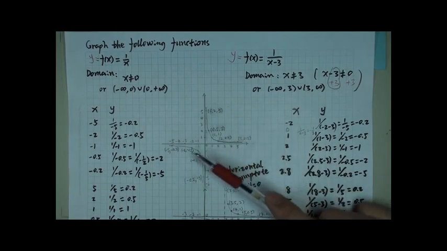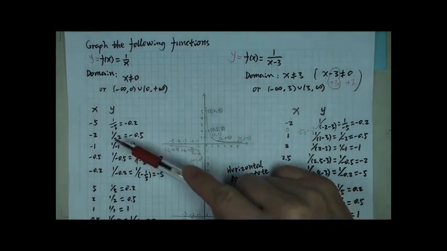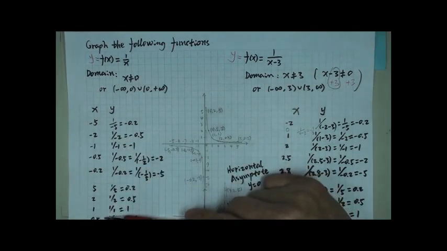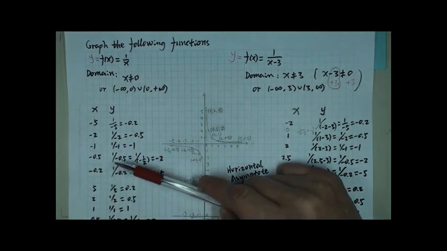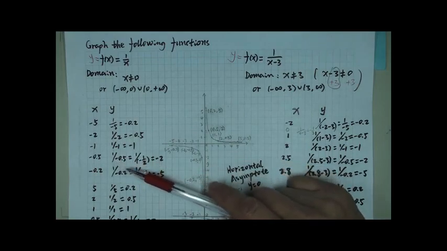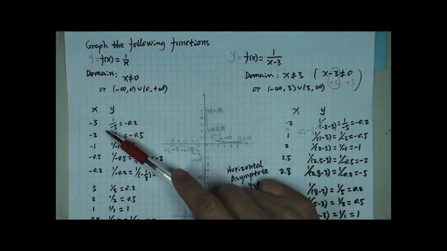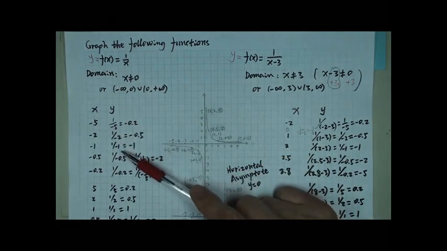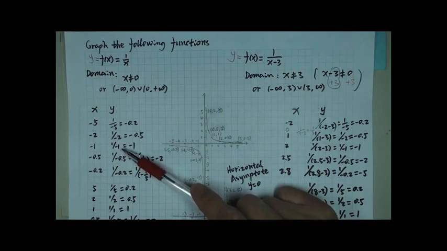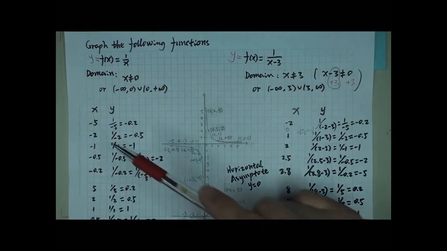Now let's look at how to graph the pictures. If you don't know what the picture looks like, then you need to choose points, and then connect all the points with a smooth line.